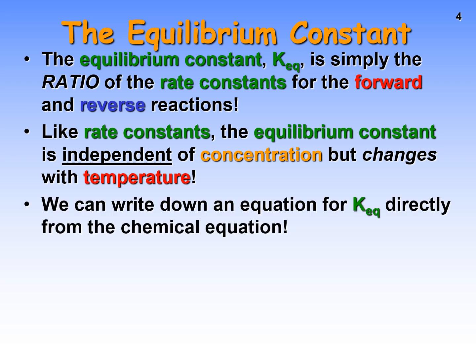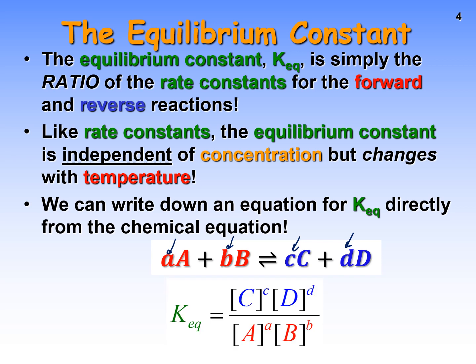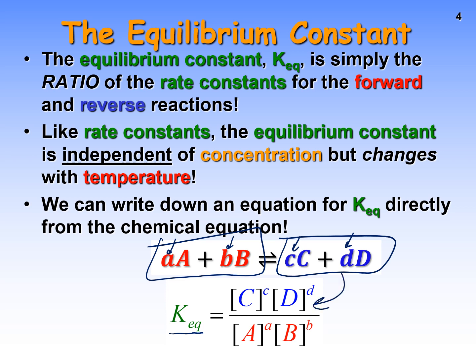So we can always write an equation for our equilibrium constant directly from a balanced chemical equation, right? Again, the lowercase letters in this equation are all our stoichiometric coefficients, and the uppercase letters are going to be our actual compounds and molecules. If we do that, our equilibrium constant is always going to be equal to the concentrations of the products on top, over the concentrations of the reactants in the denominator, as you can see here.